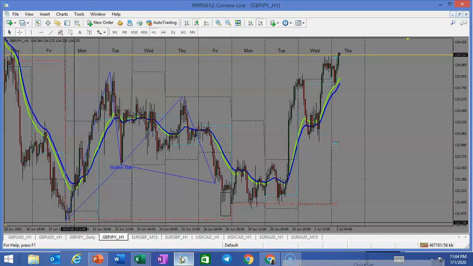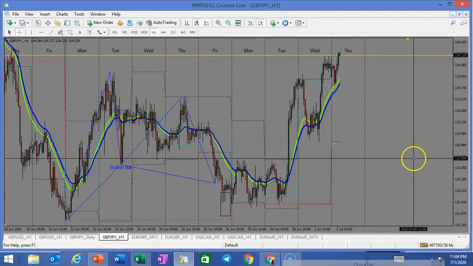Real quickly, I wanted to review our new strategy that we're trying out, which is looking at the weekly opens, the previous day's high and low, and the daily opens. These are indicators on MetaTrader 4.